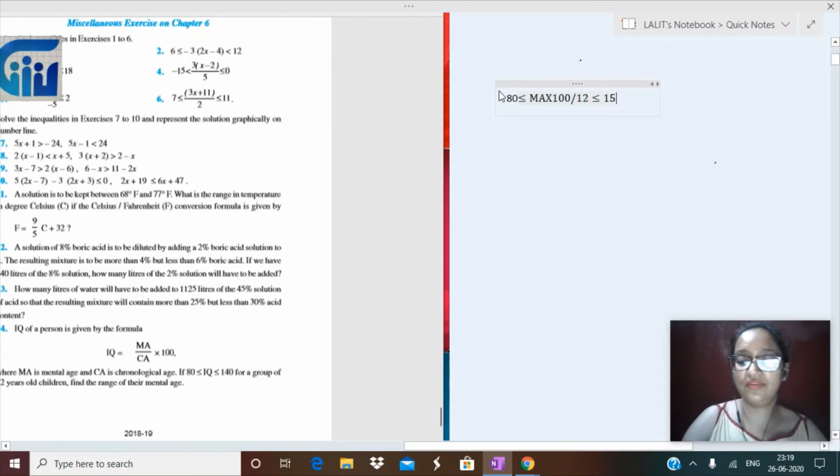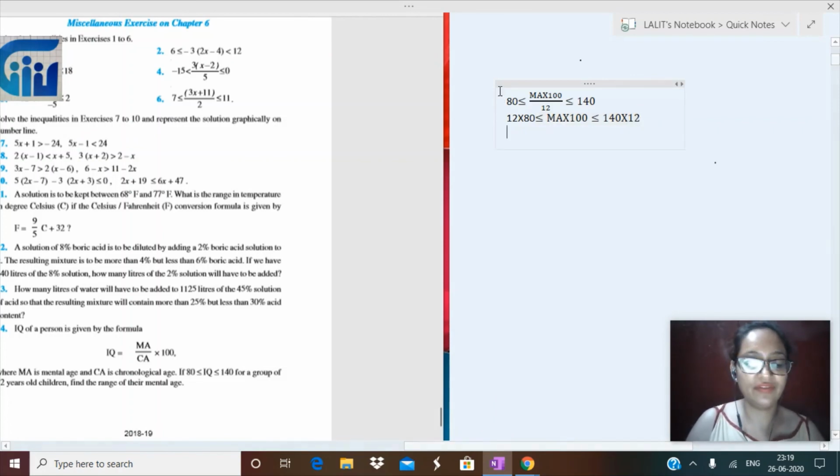So we will be solving it up. It will look like this. We will just multiply by 12. So 12 into 80 is less than or equal to MA into 100, which is less than or equal to 140 into 12, right?